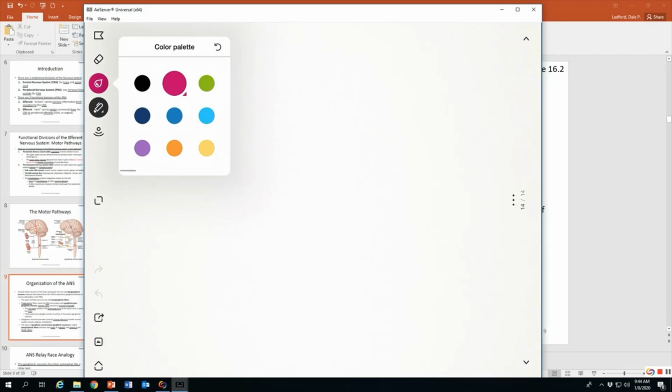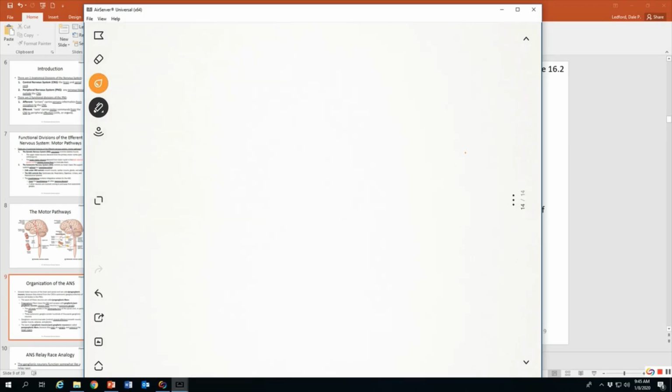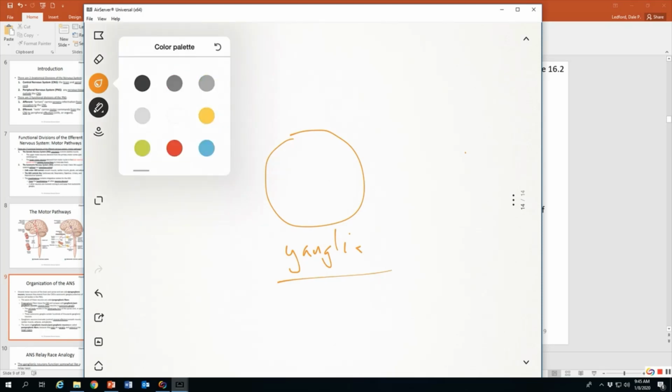Now, we said there's a ganglia. Now, let me get some terminology here. So let's say right here we have a ganglia. What is a ganglia?